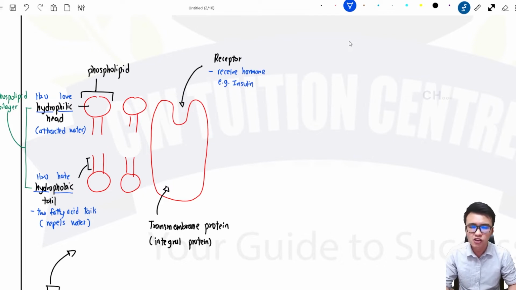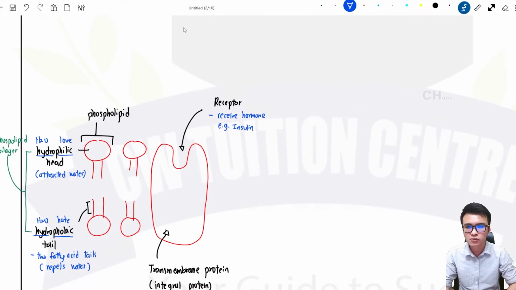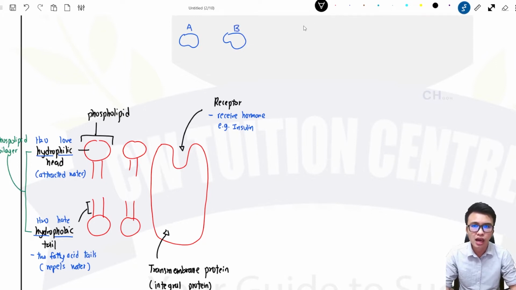Now, guys, if you have no idea what this is, you can try to imagine it like this. Let's say this is cell A, and this is another cell B. Now I want to tell cell B to do something for me. Let's say I am cell A, and I want cell B to buy the book.